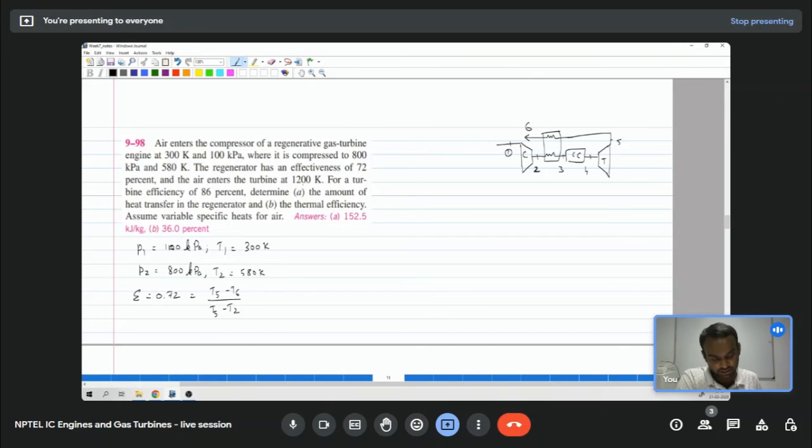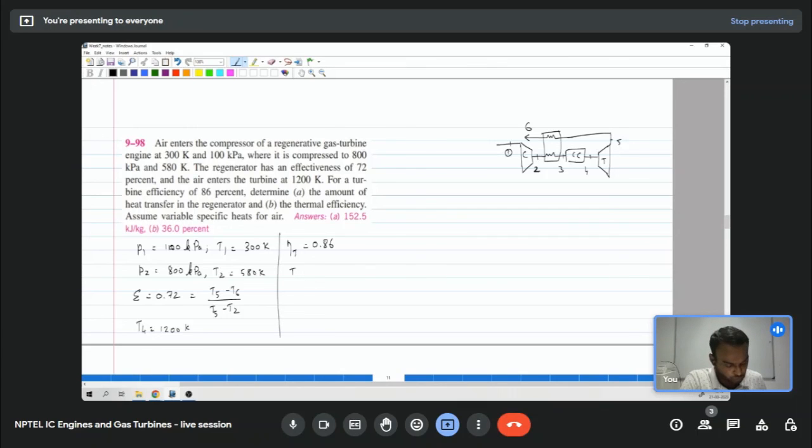The air enters the turbine at 1200 Kelvin, that is T4 is 1200 Kelvin, and the turbine efficiency is given as 86%, which is 0.86. You can determine the heat transfer in the regenerator and the thermal efficiency. State 2 is given, state 3 is unknown, but state 4 is known. With state 4 we can calculate state 5.